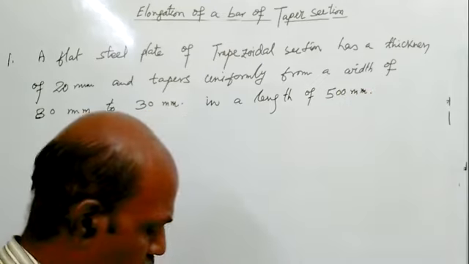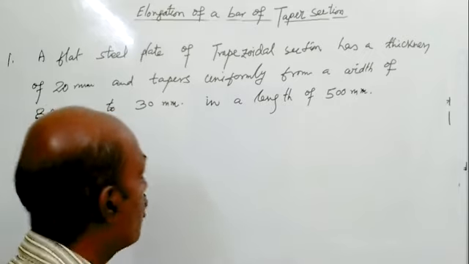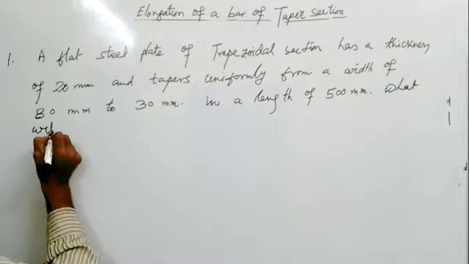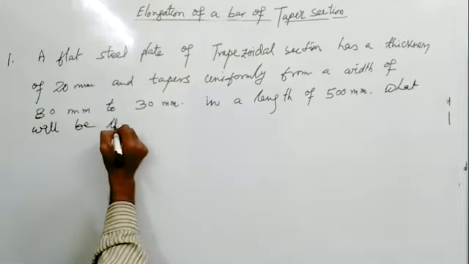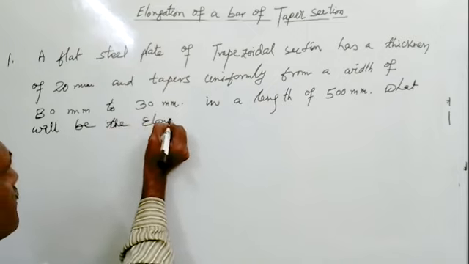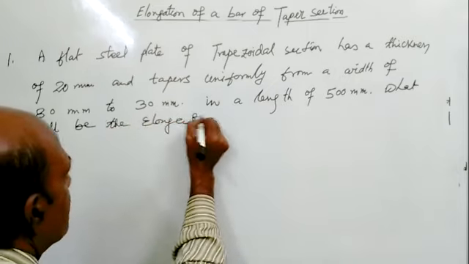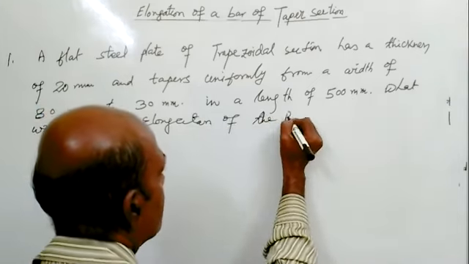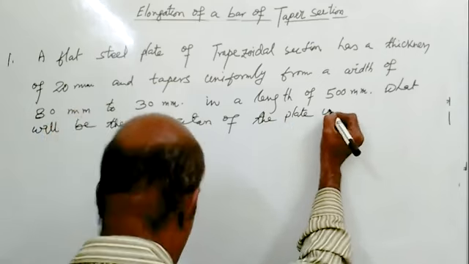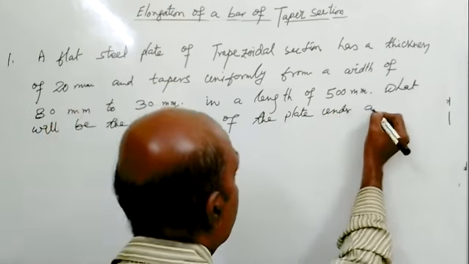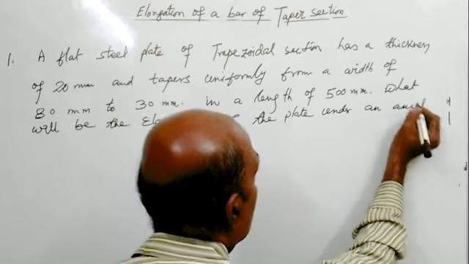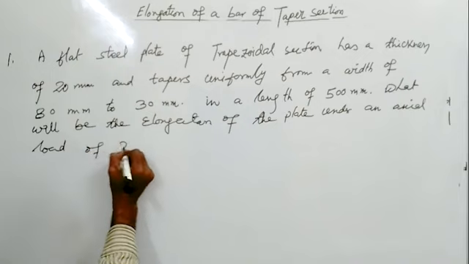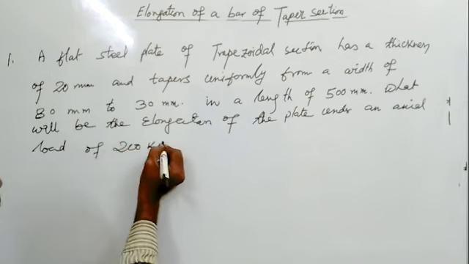What will be the elongation of the plate under an axial load of 200 kilonewton?